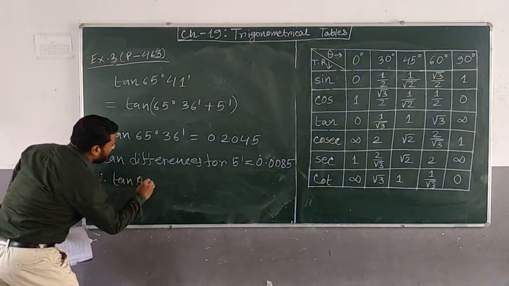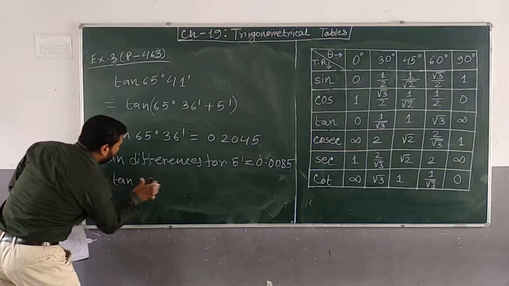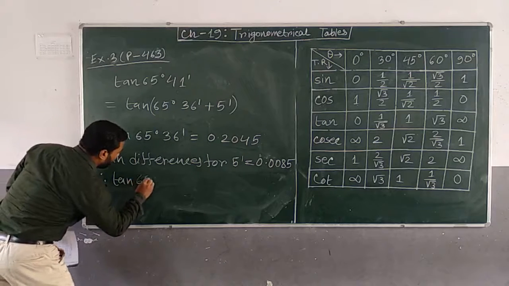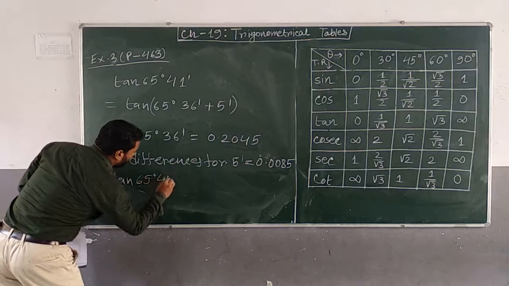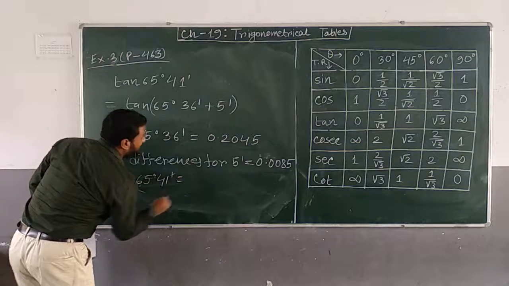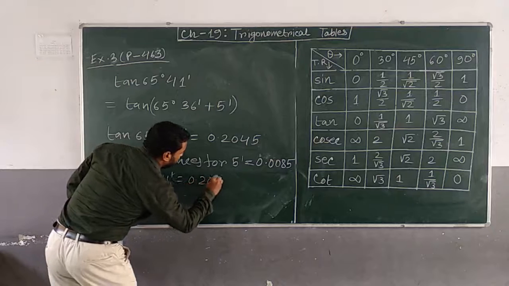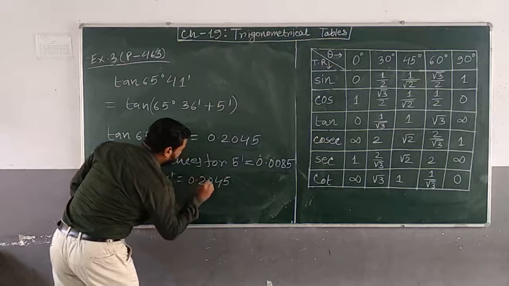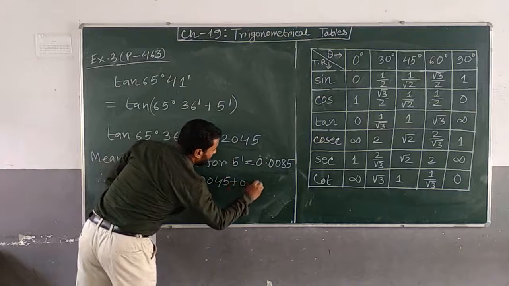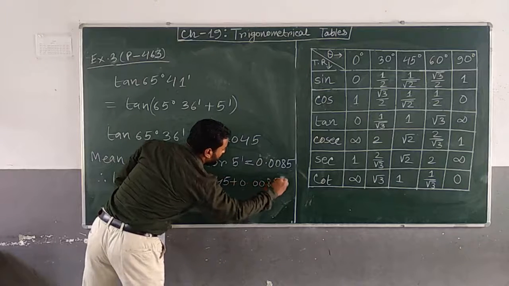So finally, tan theta, where theta is 65 degree and 41 minutes, equals 0.2045 plus 0.0085.